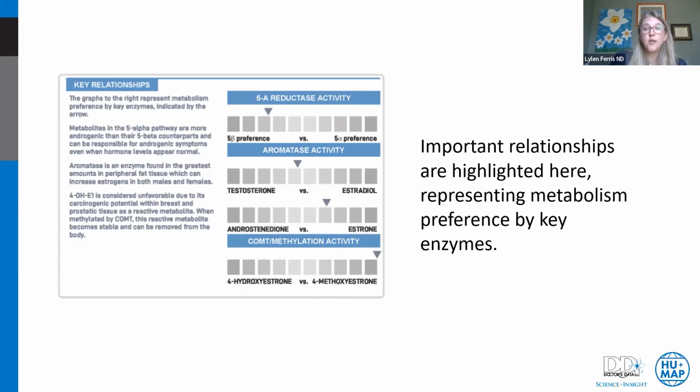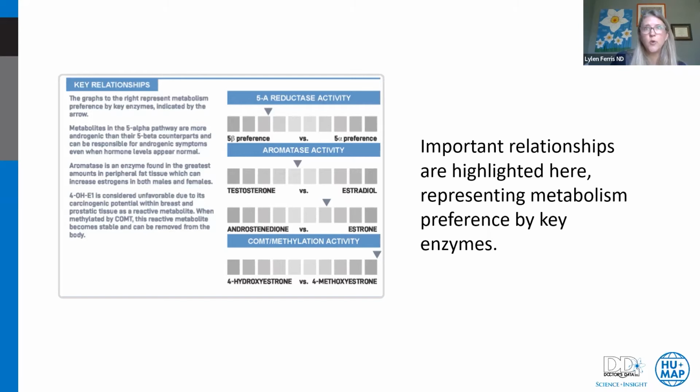There are 3 areas of enzyme activity that we highlight here in the key relationship section. So you can see here the first is 5-alpha reductase activity. Metabolites in the 5-alpha pathway, if we're thinking about the testosterone section, we're able to see if the patient is favoring 5-alpha or 5-beta, because 5-alpha tends to be more androgenic.